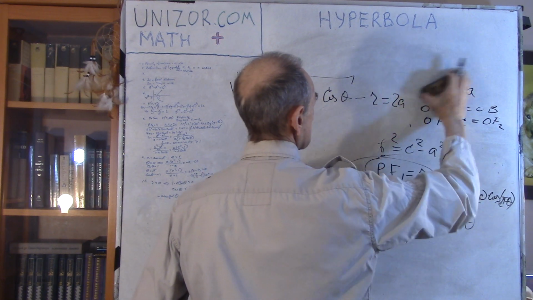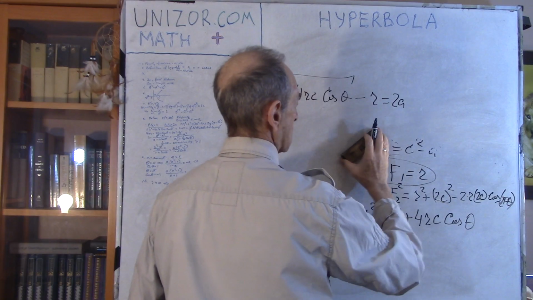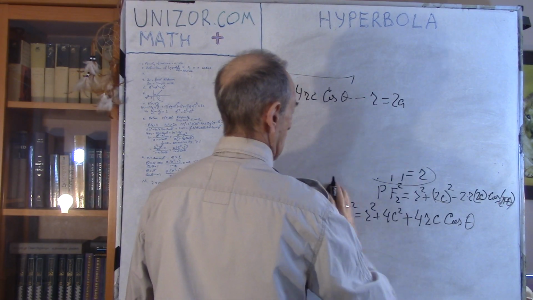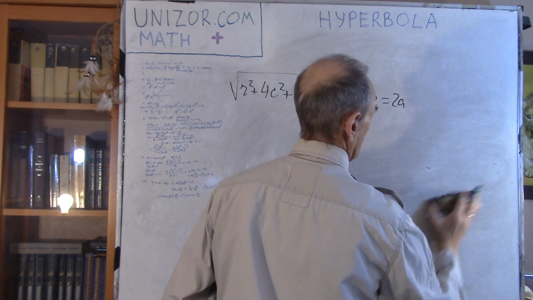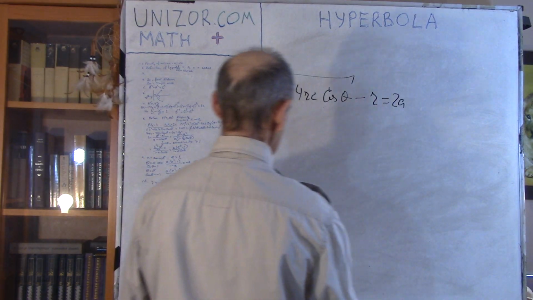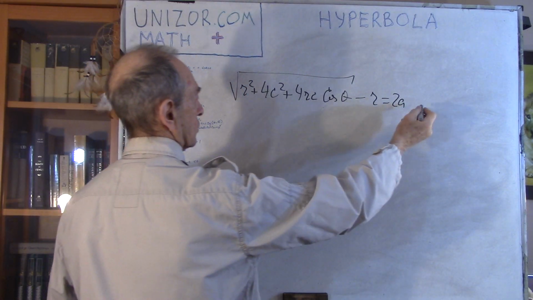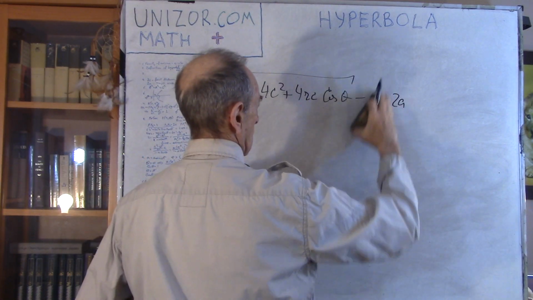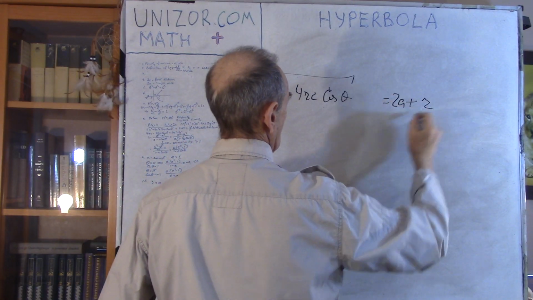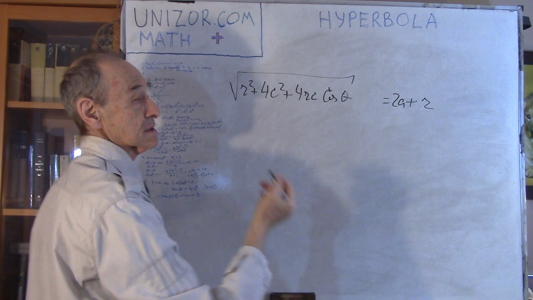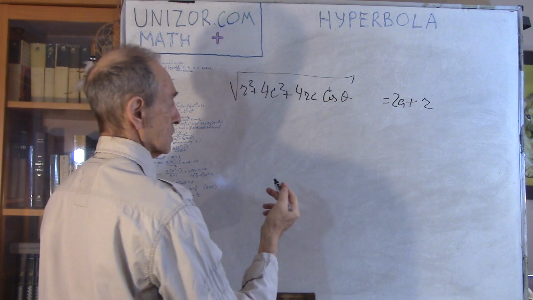So that's my equation, and all I have to do is simplify it. And this is a very simple exercise. So you put r to the right, and you square both sides, so it's much faster than in case of Cartesian coordinates.